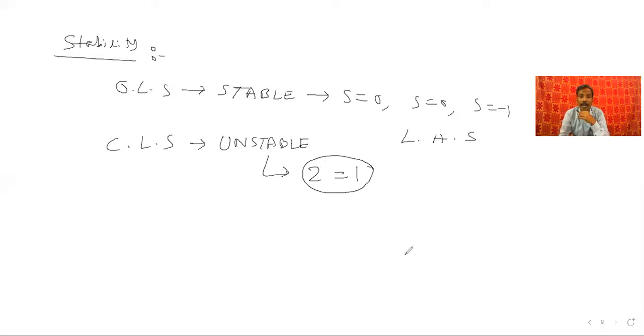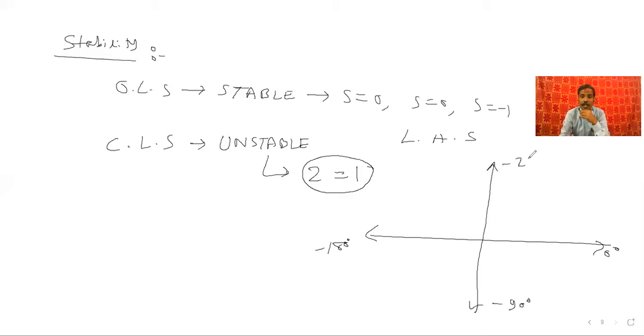If Z has some value, the system will be unstable by definition. And another condition: suppose this is minus 180 degree, this is 0 degree, this is minus 90 degree, and this is minus 270 degree. Suppose this is the starting point, and this is the 270 degree path.